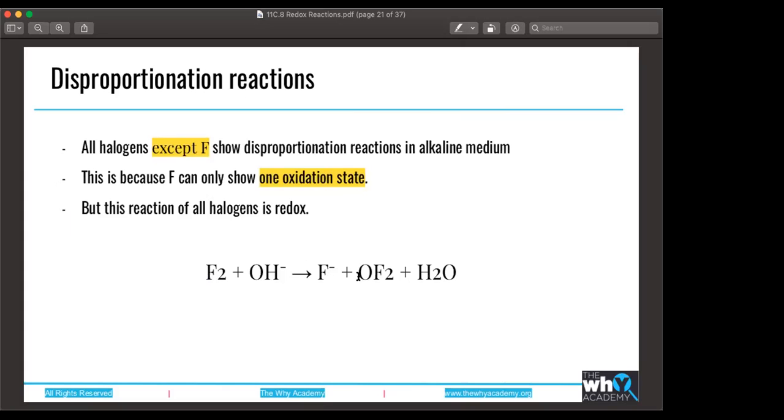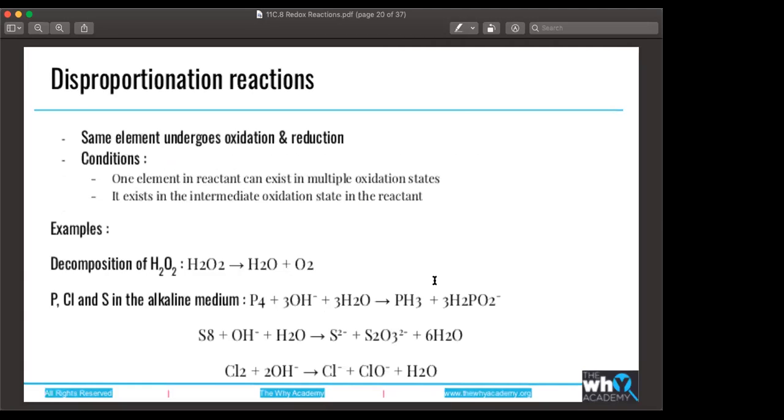becomes fluoride, and you get OF2 and water. All halogens undergo this type of reaction, reaction of this format. But the reaction that fluorine undergoes is not disproportionation, but all the other halogens that undergo this reaction will come under disproportionation reaction. An example is given here.